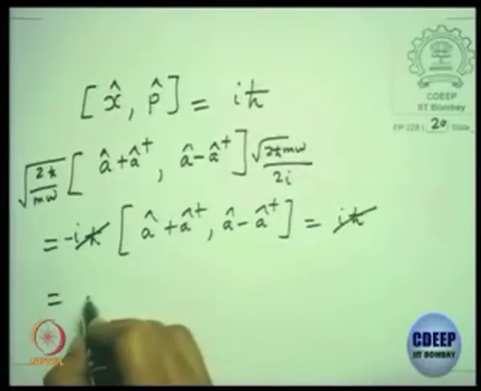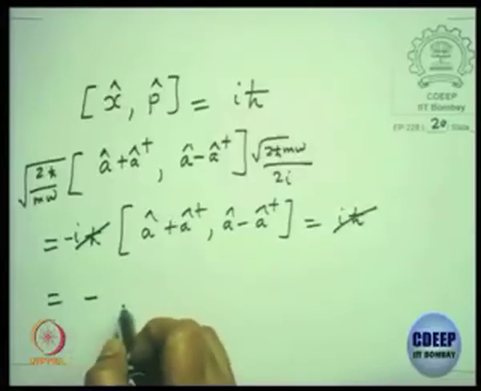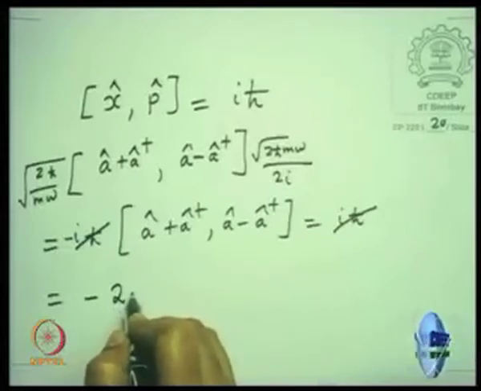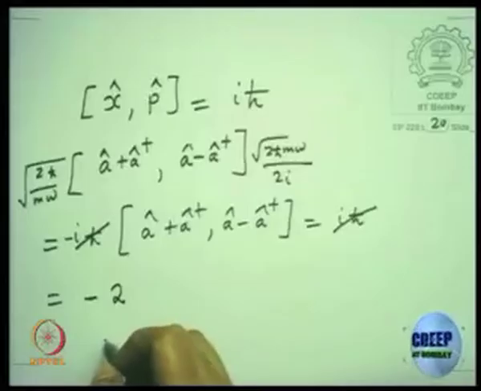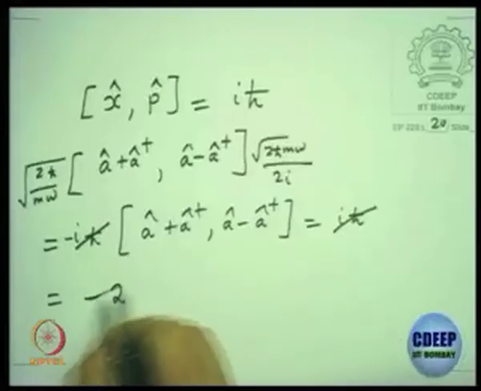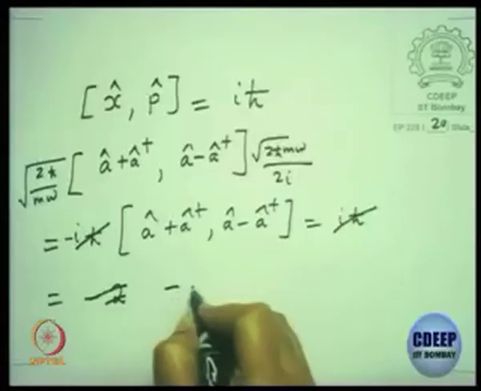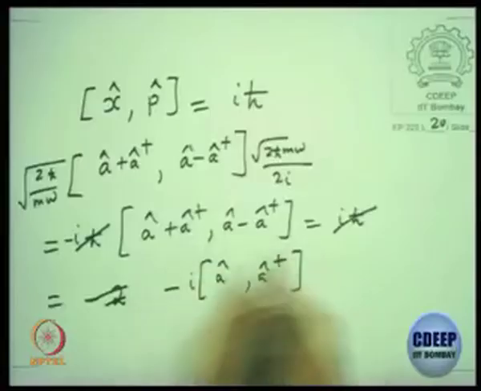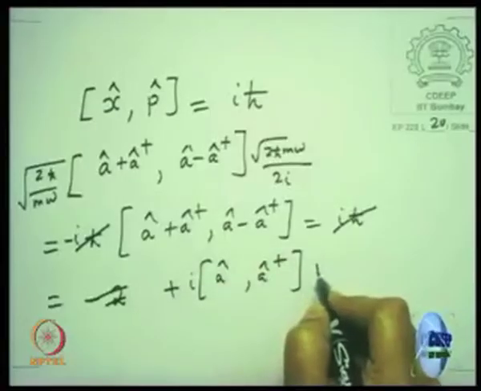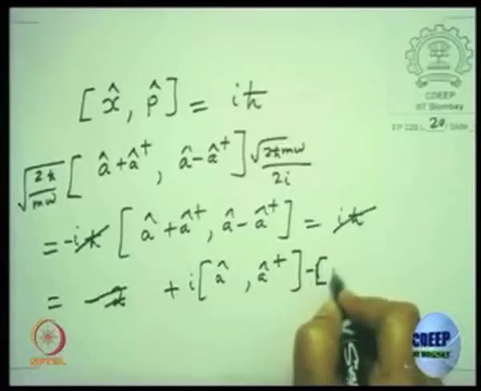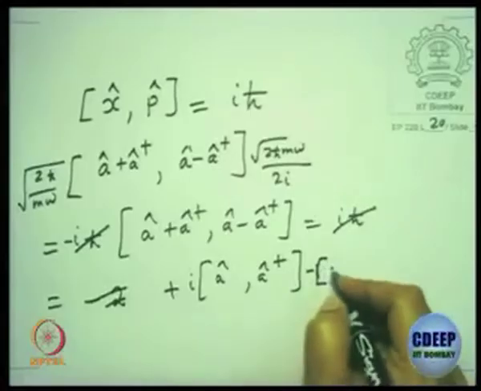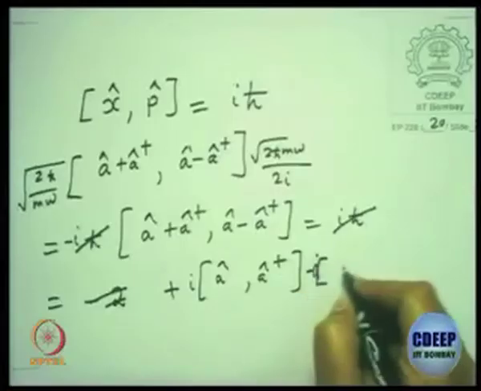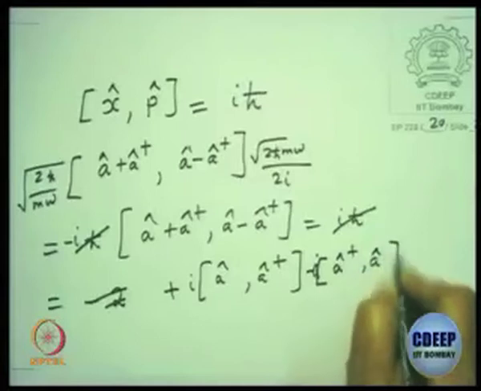So what will the final answer be? What happens? Someone? Already a minus sign. Minus I, A dagger with A.